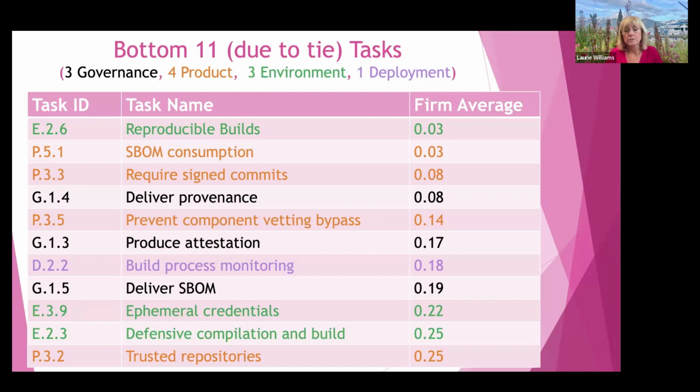Using ephemeral credentials, using compilation and build defensively to make errors if there are concerns, and using trusted repositories. That's saying developers or team members need to only take components from, say, NPM or PyPI or something, or can they just go anywhere to anyone's website and find something that they like and bring it in? And the answer was people get anything from wherever they want.